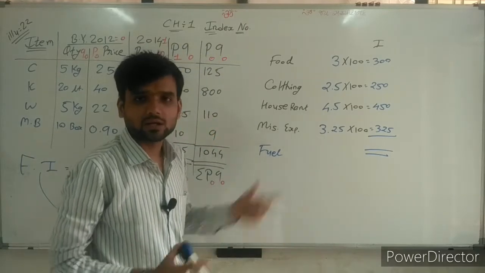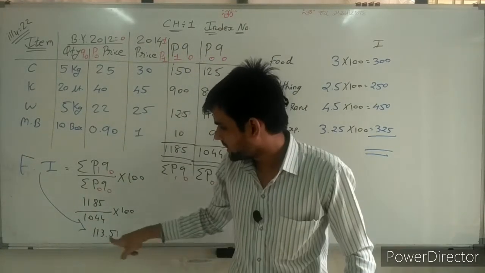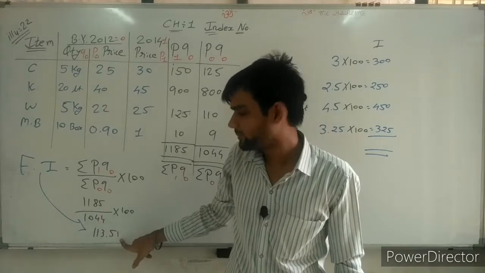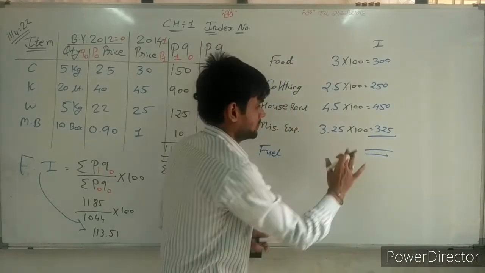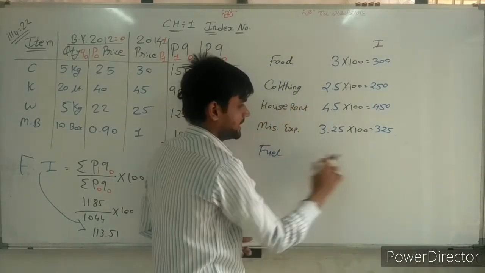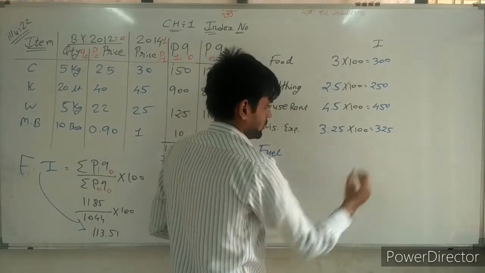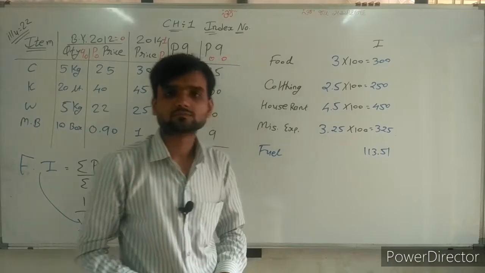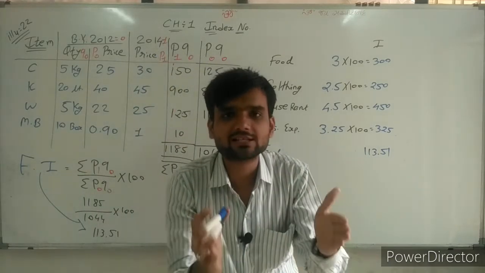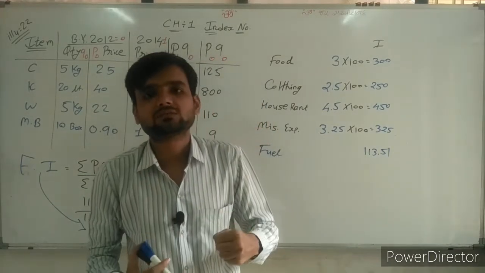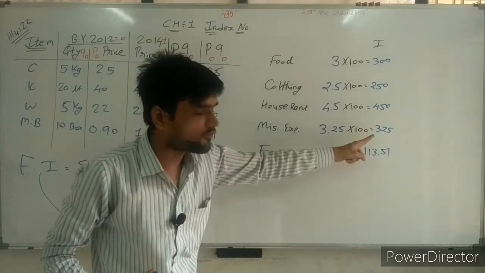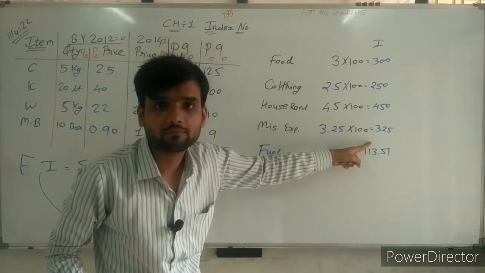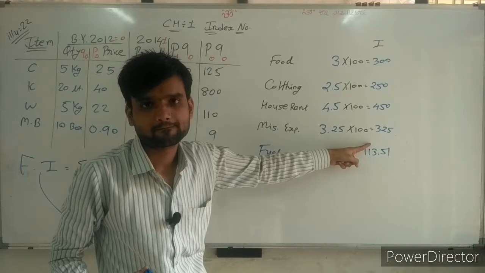Now sir, fuel index number is already found here, 113.51. So after reading this information, what am I getting? Values of other items' index numbers.